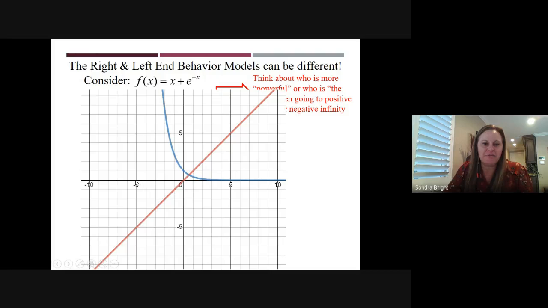And then when you're at negative 5, I can still see the y equals x graph here, but I'm already off the graph for the other one. When x is negative 5, I've got e to the 5th, which is somewhere between 32 and 243. It's large, right?